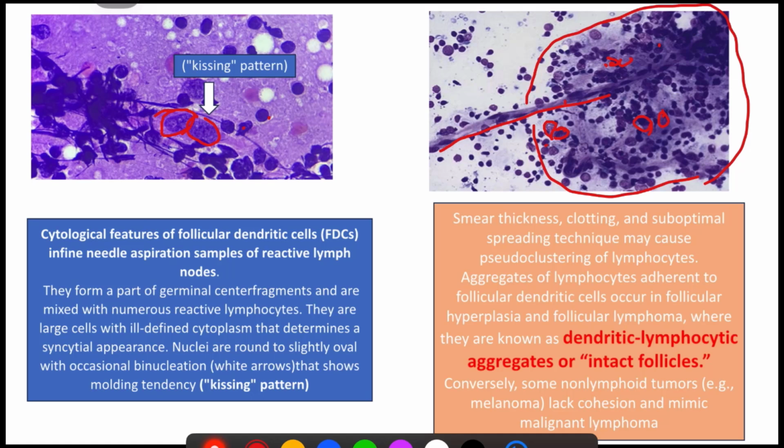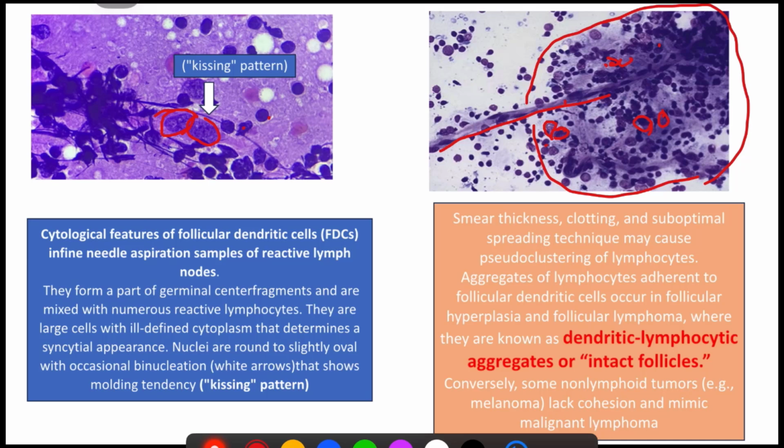But still, when lymph nodes are activated or germinal centers are present, these follicular dendritic cells are increased. They are stromal in origin, part of the mesenchymal component of the lymph node, and they form these aggregates, and you can find these intact follicles in this condition.